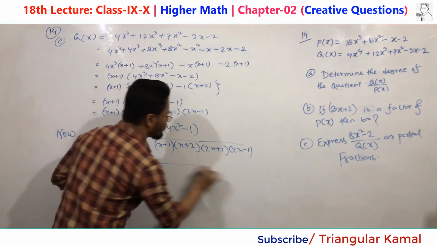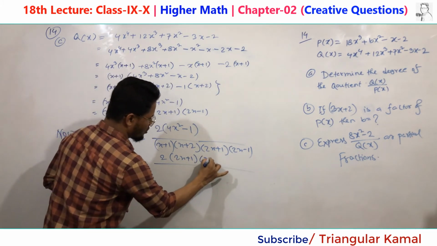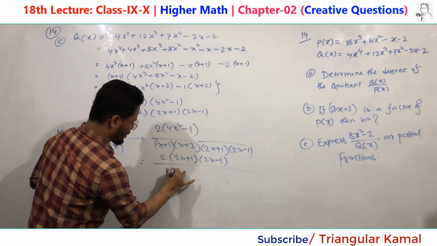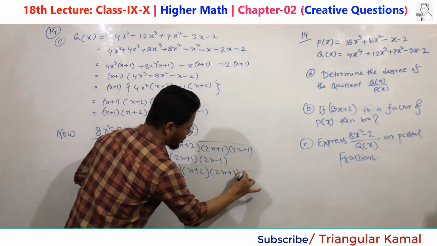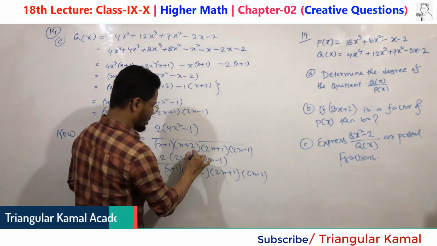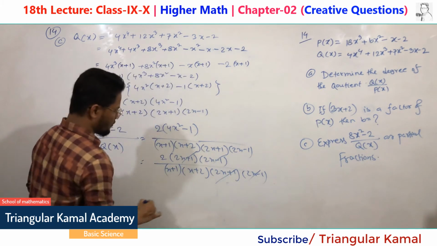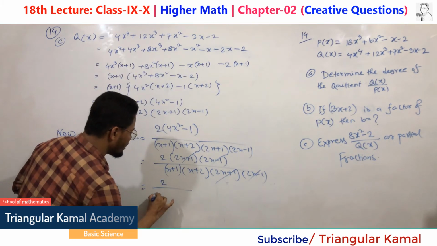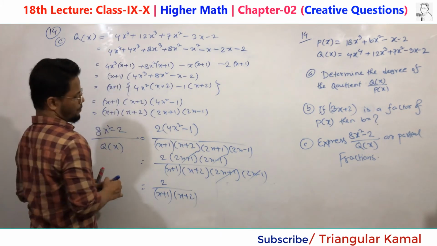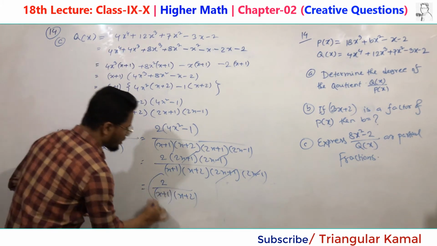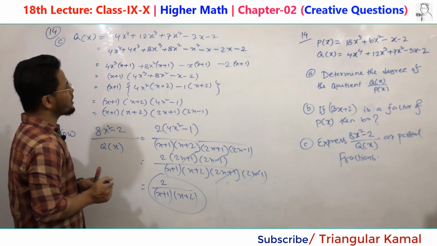Just apply the formula here. Just eliminate the same factors from numerator and denominator. Finally, you will get 2 by x plus 1 and x plus 2. And now express this into partial fractions, then you will get the final result.